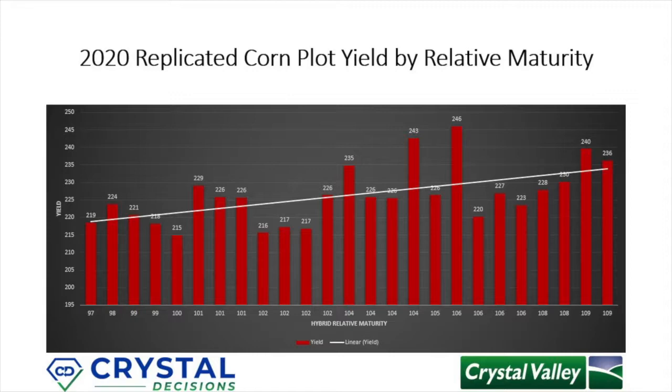But as you look at the trend line, we pick up about 1.5 bushels per maturity level that you go up. For example, if you go from a 95 day corn up to a 105 day, just looking at this trend line data, you pick up about 15 bushels an acre. That does come with moisture.